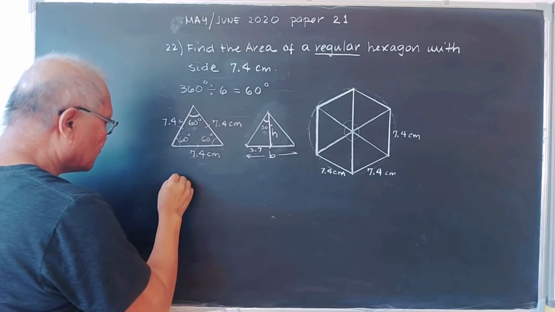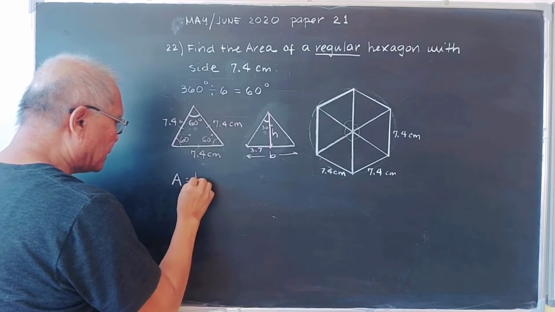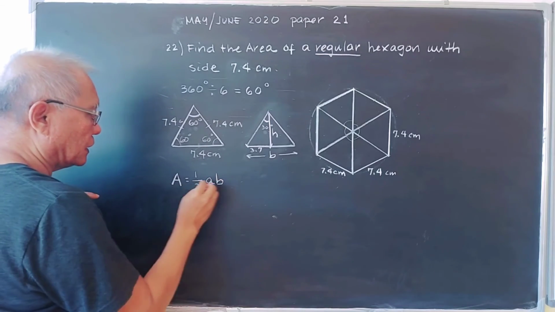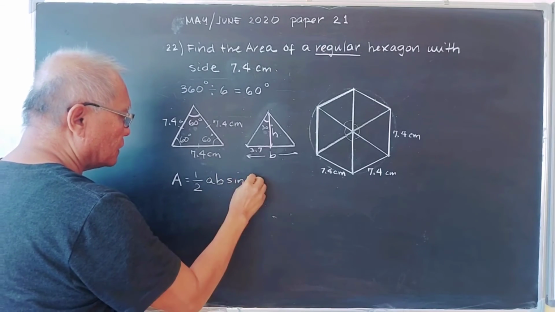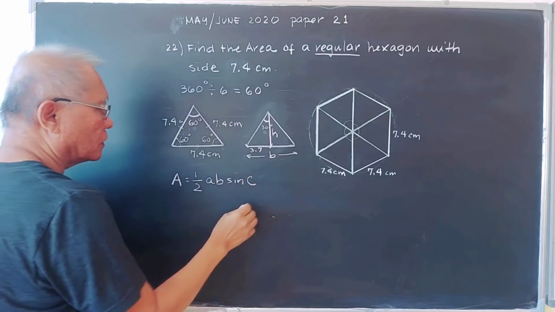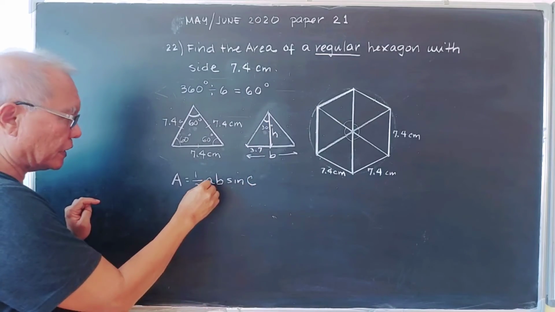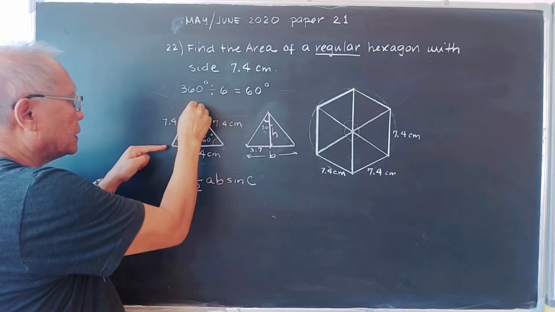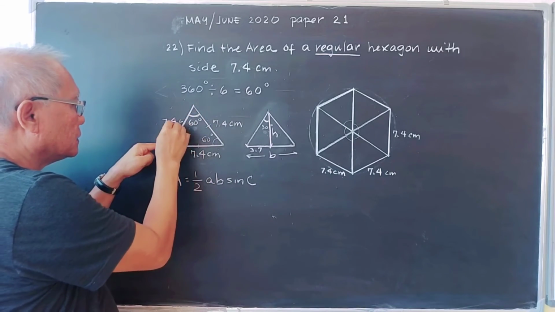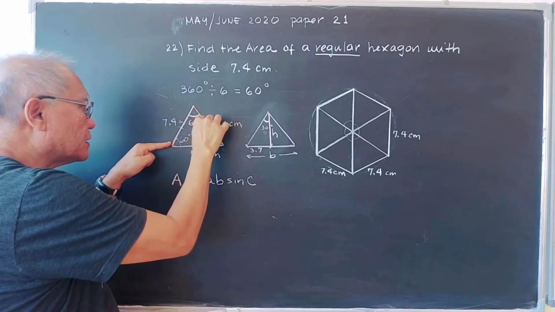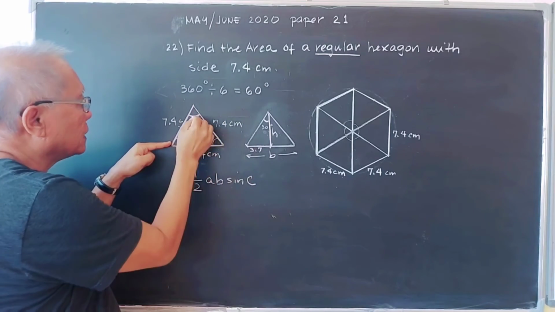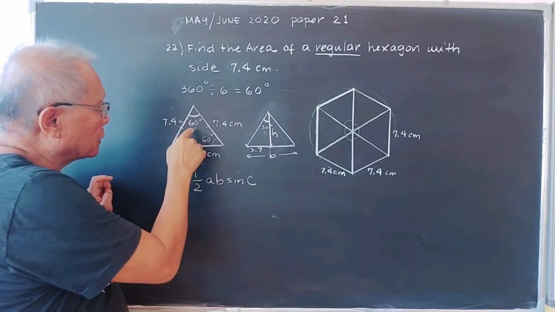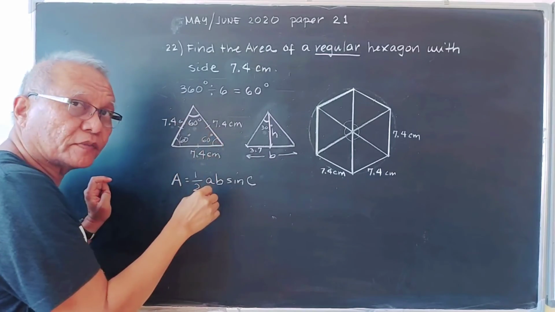So we have this formula, which is 1/2 the 2 sides times the sine of the sandwich angle, or the angle in between side a and side b. So here, class, the a is this one, the b is the other side, and the C is this angle, the angle which is in between 7.4 and 7.4.